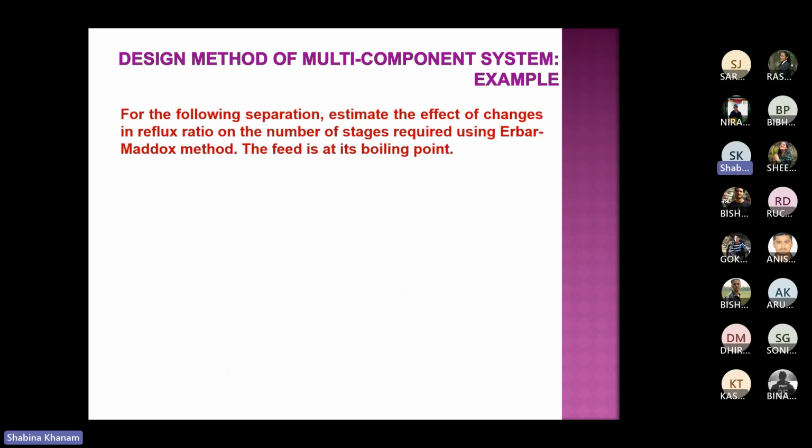So here we will discuss an example of this Erbar-Maddox method, and it is again directly from the book. No variation is required from the example given in the book, so I have taken the same as it is.